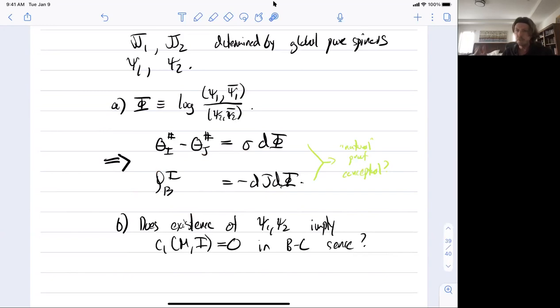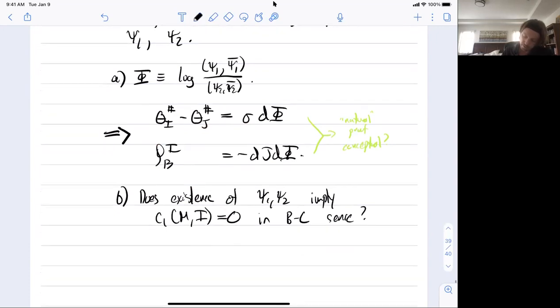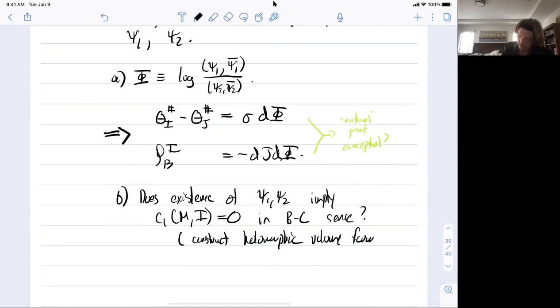But of course, we know it's true in all these cases of interest, because what you want to do is just to construct a global holomorphic volume form. And in all these different cases, the commuting case, the non-degenerate case, you of course have that.